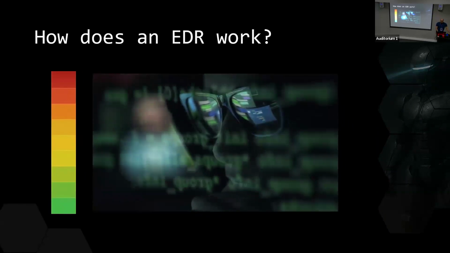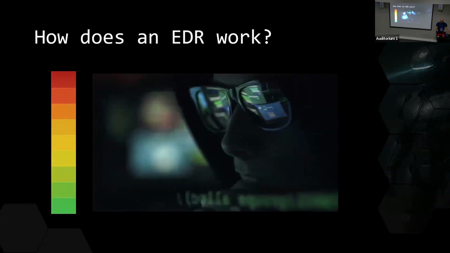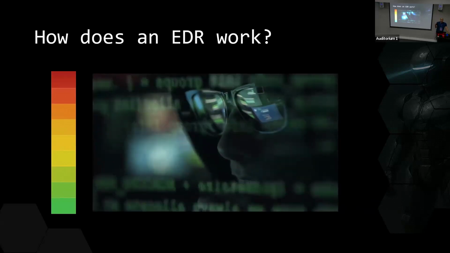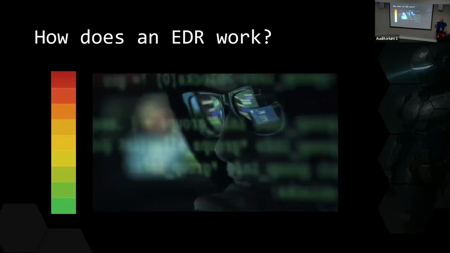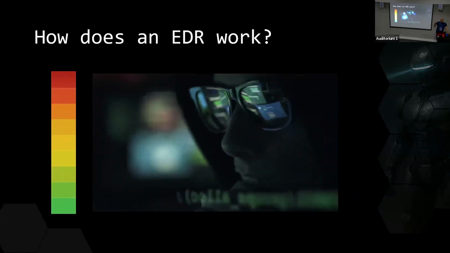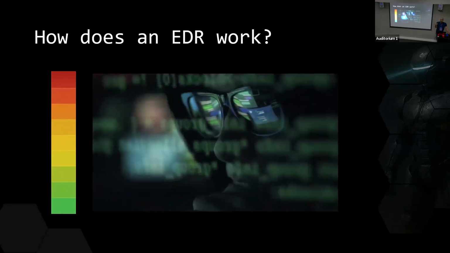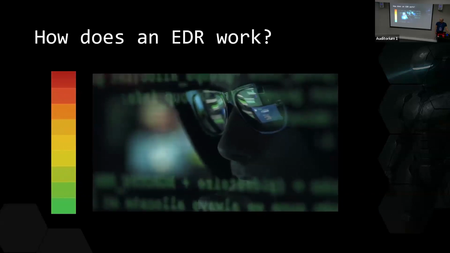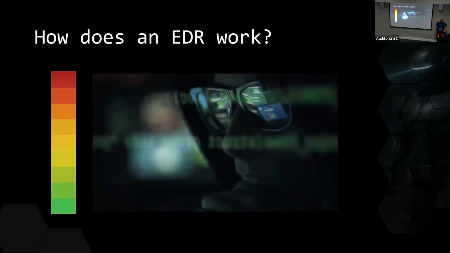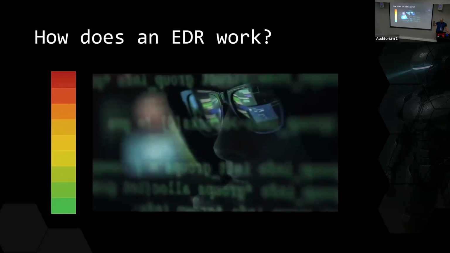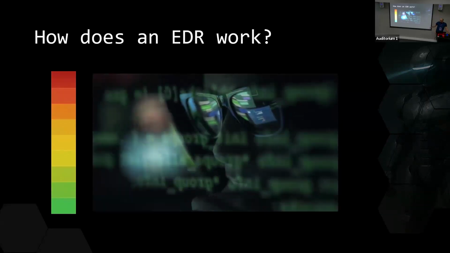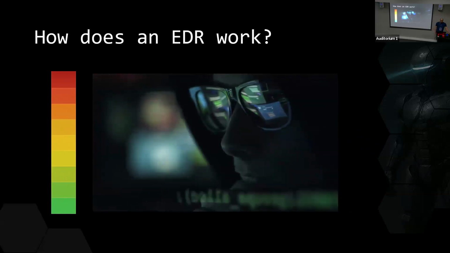Also, just a quick note: there's not one thing that will trigger an EDR, as in trigger the detection of your payload. Usually, there are a bunch of things that will increase the level of suspiciousness. It goes from greenish into the red area, and it depends on the EDR. They set the bar at different stages around the orange and red, and will trigger then.